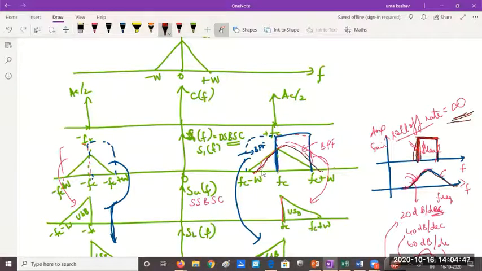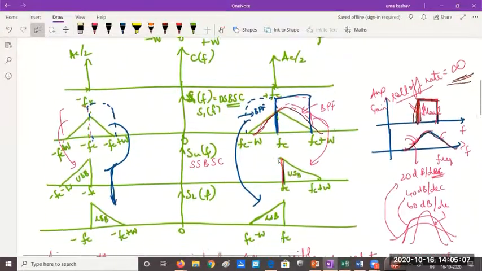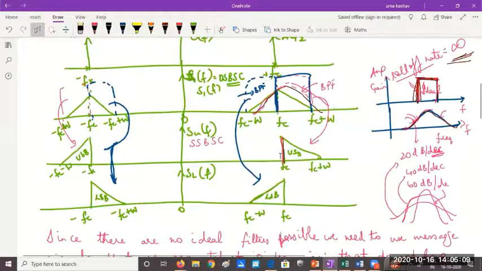Along with the required sideband, I would be filtering out a part of the unwanted sideband, which I don't need. I need just one sideband, either upper or lower, but using non-ideal filters, you'll filter out something like this.